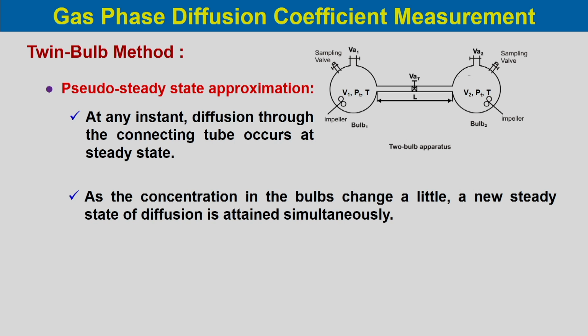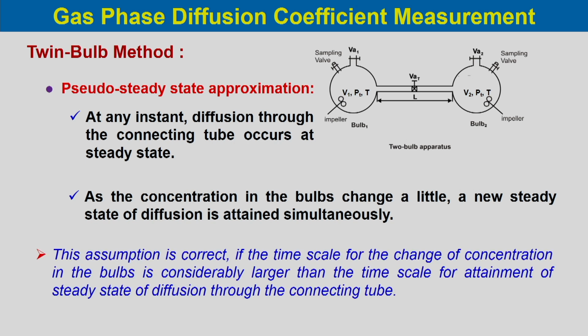As the concentration in the bulb changes a little, a new steady state of diffusion is attained simultaneously. These assumptions would be valid if the time scale for change of concentration in the bulb is considerably larger than the time scale for attainment of the steady state of diffusion through the connecting tube.